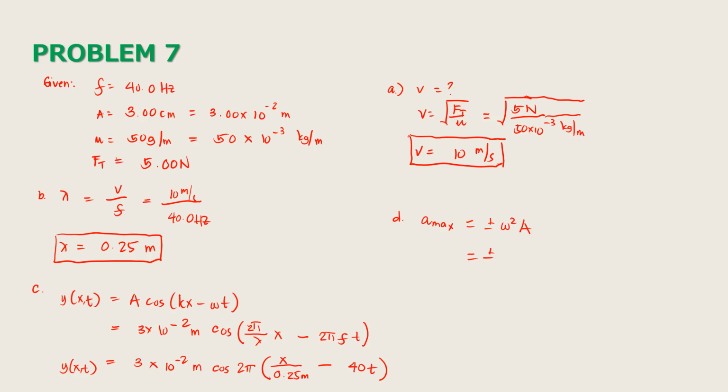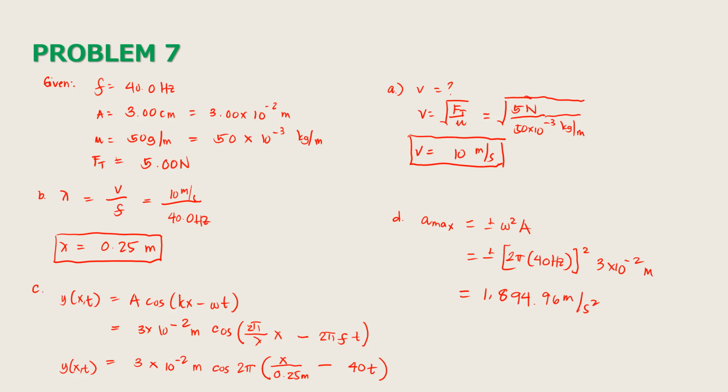We have omega equals 2 pi times the frequency, which is 40 hertz. This will be squared. And then we have A, which is 3 times 10 to the minus 2 meter. So we have A max approximately equal to 1,894.96 meters per second squared.